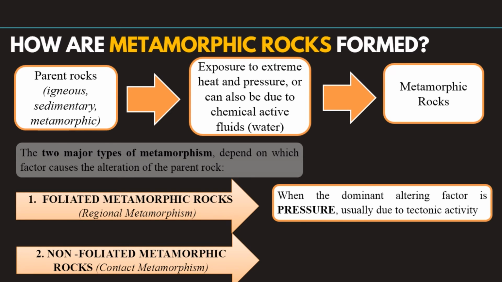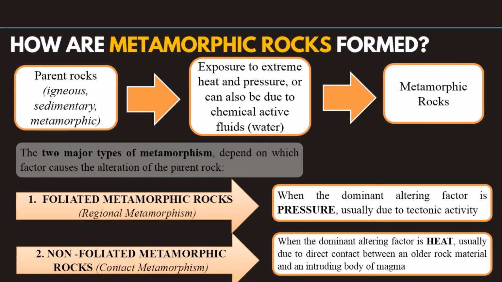The second type is non-foliated metamorphic rock, or also known as contact metamorphism. This type of rocks are formed when the dominant altering factor is heat, usually due to direct contact between an older rock material and an intruding body of magma.